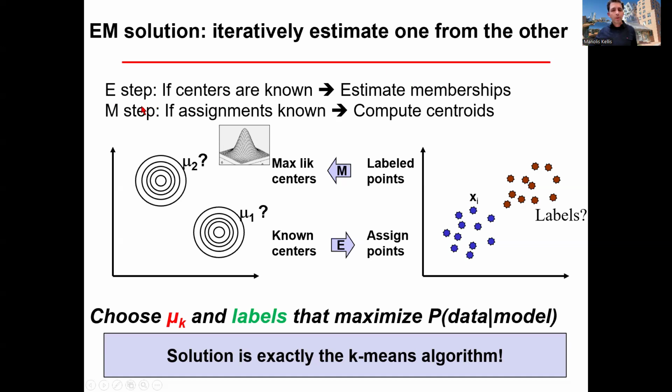The M step assumes that the assignments are known and recomputes the centroids. Iterating between them, you basically have a set of labeled points. Oh, that's great, super easy, I can find the centers. If I have known centers, oh, super easy, I can assign the points. But the iteration between them is what basically allows me to get learning, machine learning, out of this process.